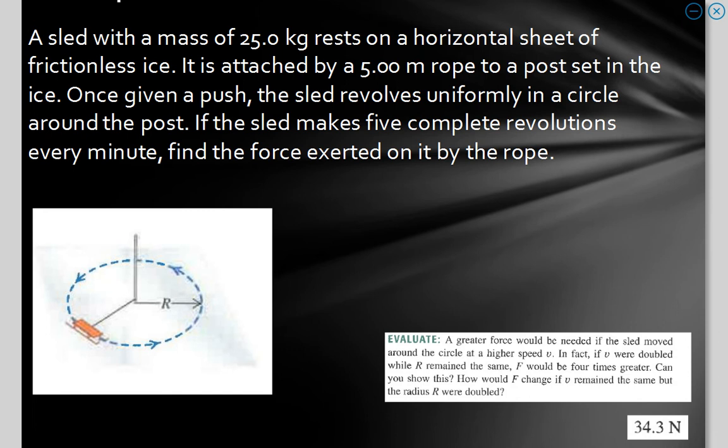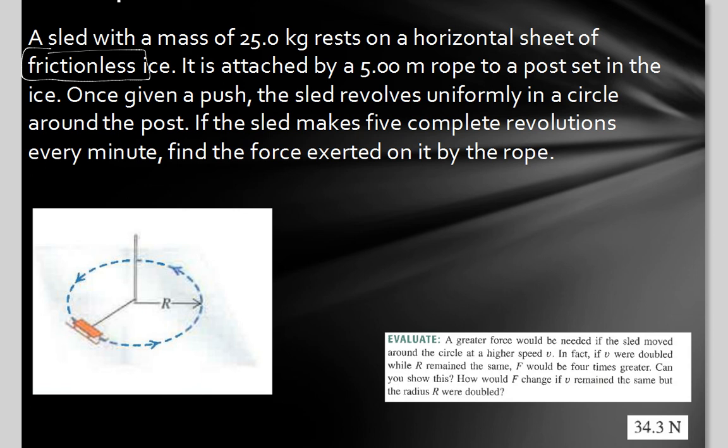So we have a sled attached to a pole moving in a circular path, and it must have been given an original push before, and it's on a frictionless ice surface, so this is an idealized situation that's just going to go on forever.